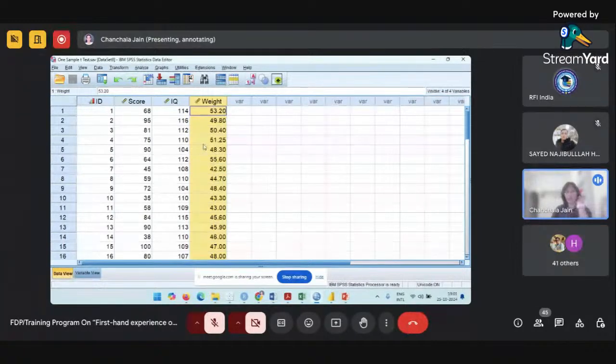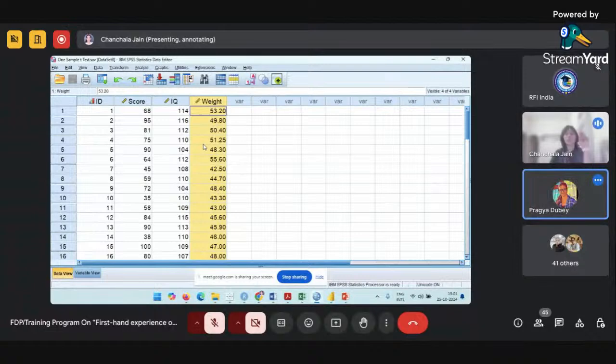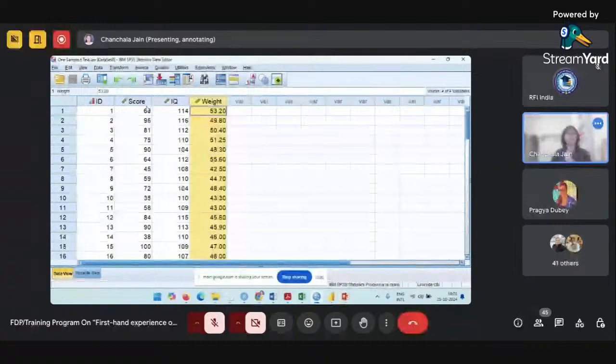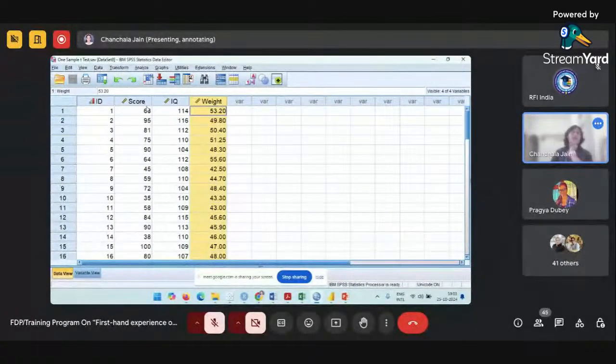Yes, ma'am. So first assumption we have checked by understanding the nature of the variable. Second, observations should be independent of each other. It is very clear if I collect the score of one student only once, so I will be able to maintain the second assumption of the one sample t-test.